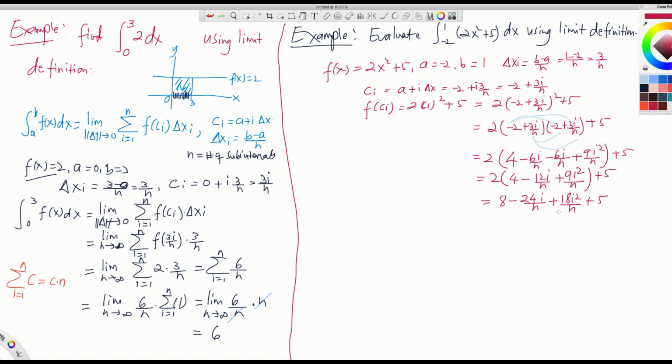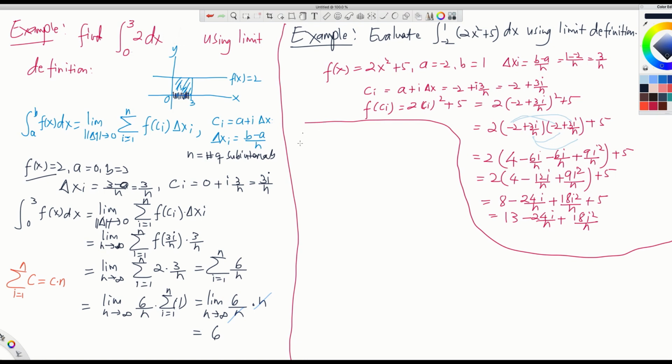If you further simplify this, basically you will get 5 plus 8 is 13, minus 24i over n, plus 18i squared over n squared. This is what you get, okay? Now let me write this in the formula form.